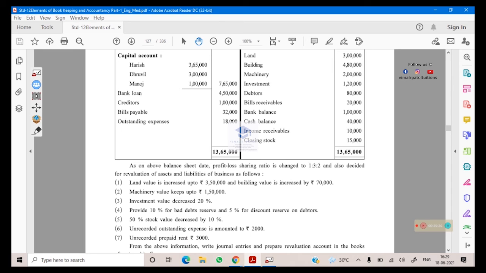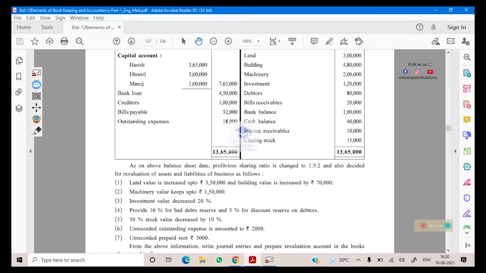50% of stock value is decreased by 10%. So out of the stock of 15,000, 50% stock, that is 7,500, will be decreased by 10%, that is 750. Unrecorded outstanding expense amounted to rupees 2,000.